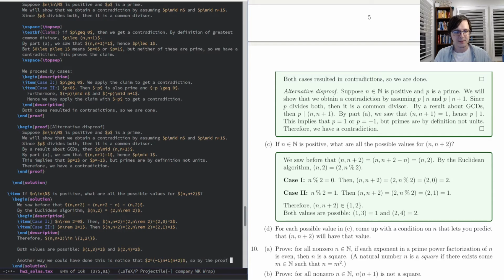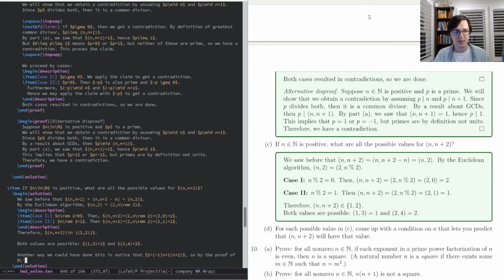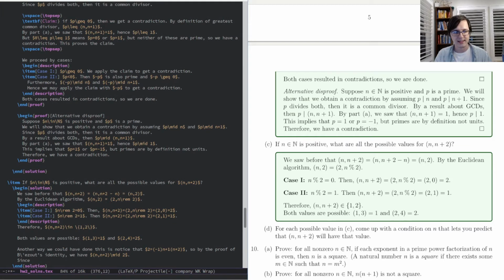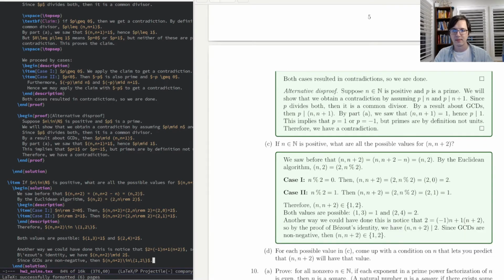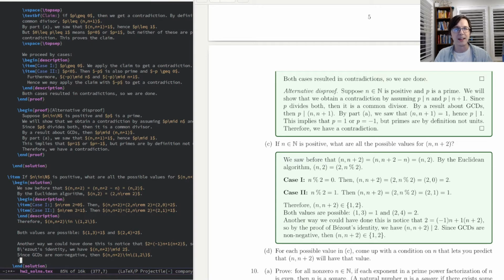So by the proof of the Bezout identity, we have that the GCD of n and n plus 2 divides 2. Since GCDs are non-negative, then the GCD has to be a divisor of 2. And we still need to check that both values are possible.